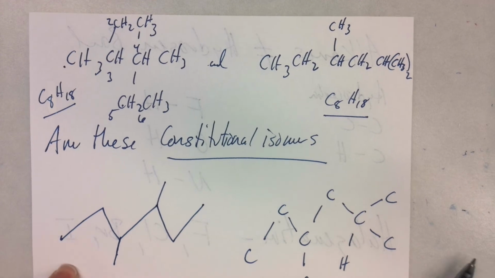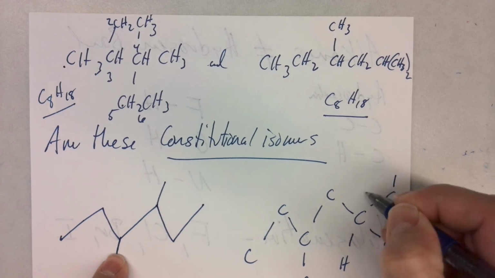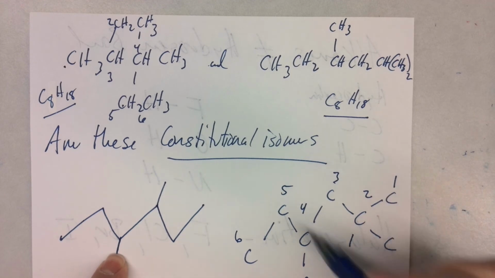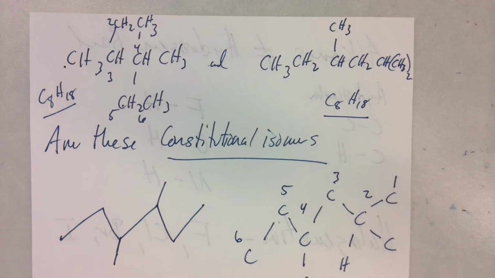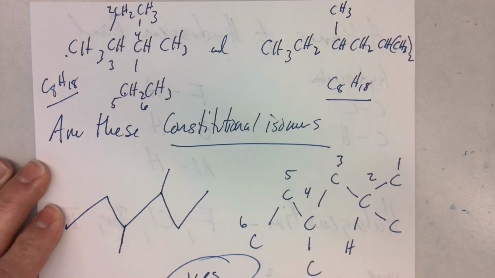Are these different? Yeah, because that's coming off of 3 and 4. This is coming off of 2 and 4 instead of 3 and 4. So the answer would be yes, they are constitutional isomers.